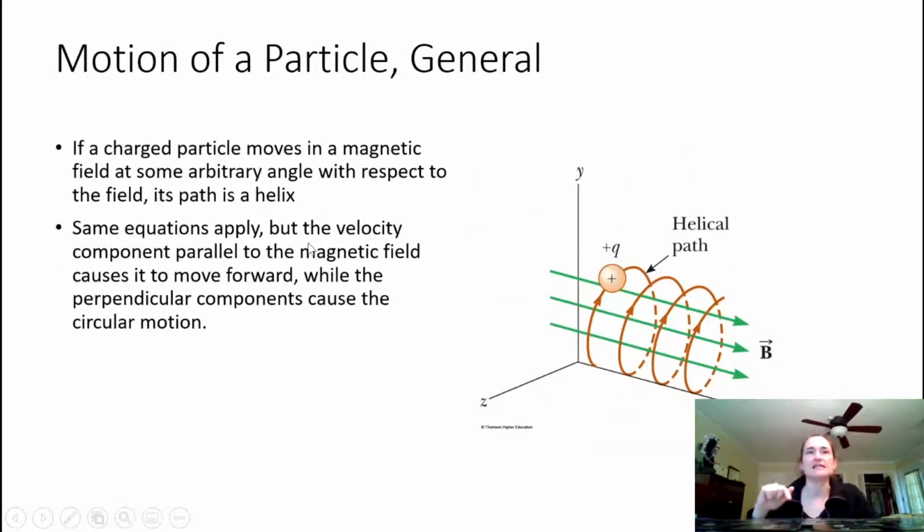Now, if you have a velocity that has a component that's perpendicular but also a component that's parallel to the magnetic field, the parallel component of the velocity with respect to the magnetic field will not be affected. And so your charged particle will still travel along the magnetic field line unaltered there, okay? And then the part that's perpendicular will cause a circular motion.